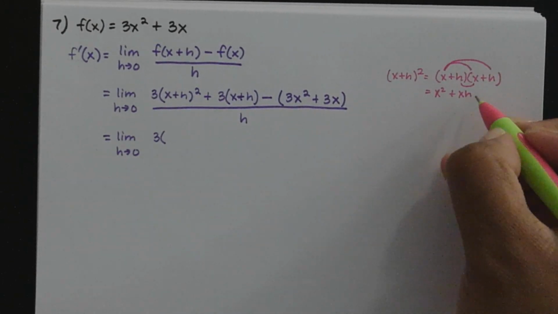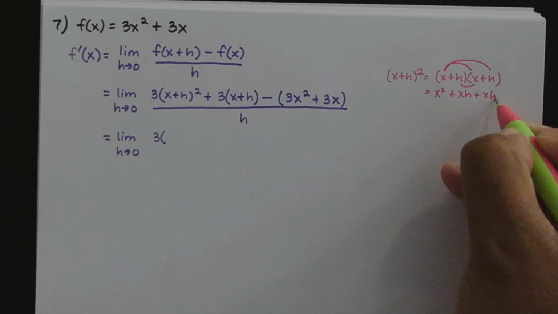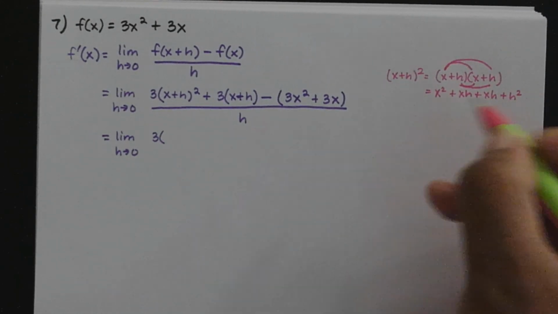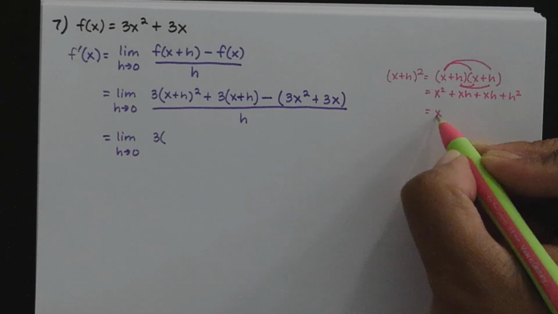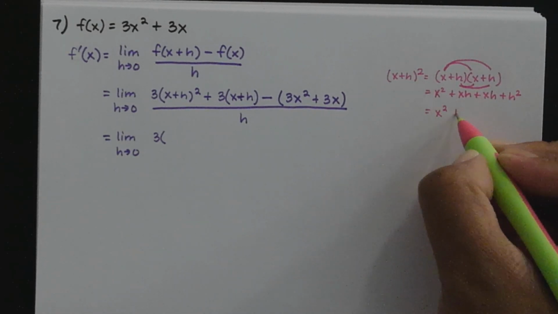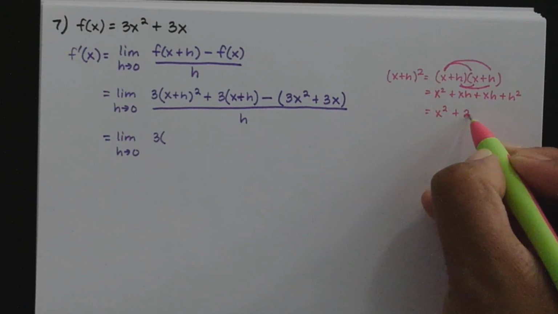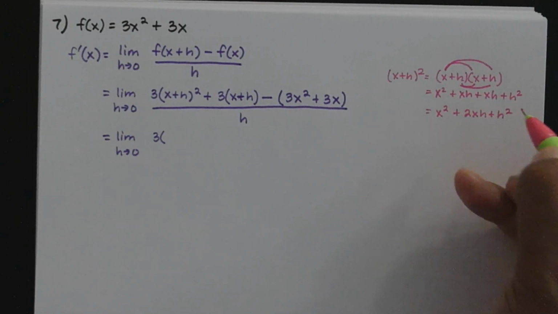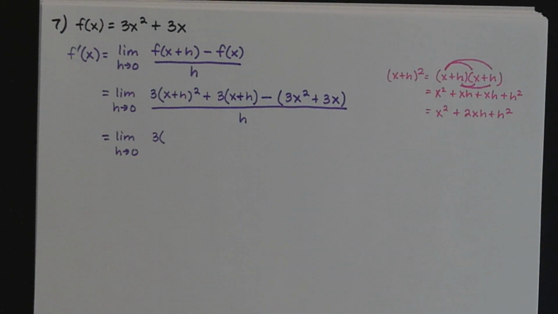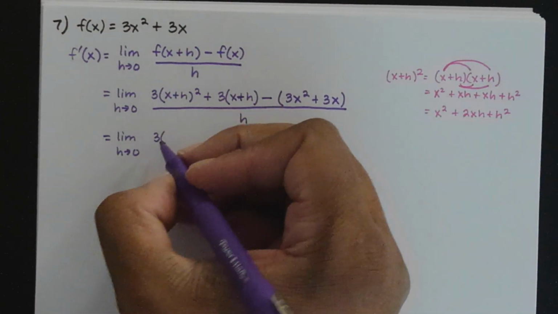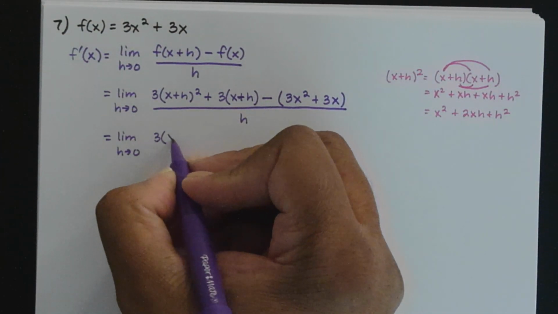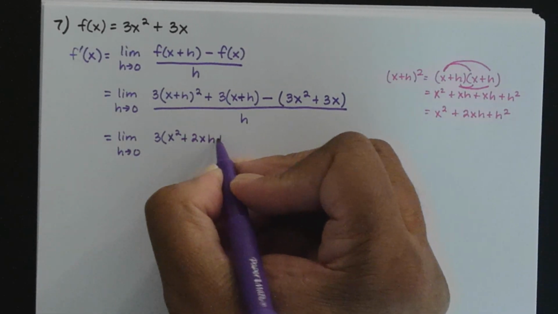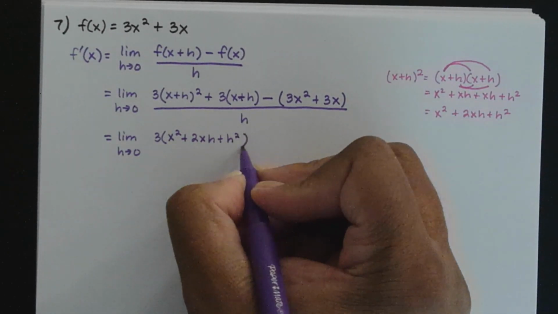The inner h times x would be another plus xh, plus the last times the last, h times h, h squared. So here we have x squared plus, there are 2 xh's, so it'll be 2xh plus h squared. So that's what x plus h quantity squared would be: x squared plus 2xh plus h squared.